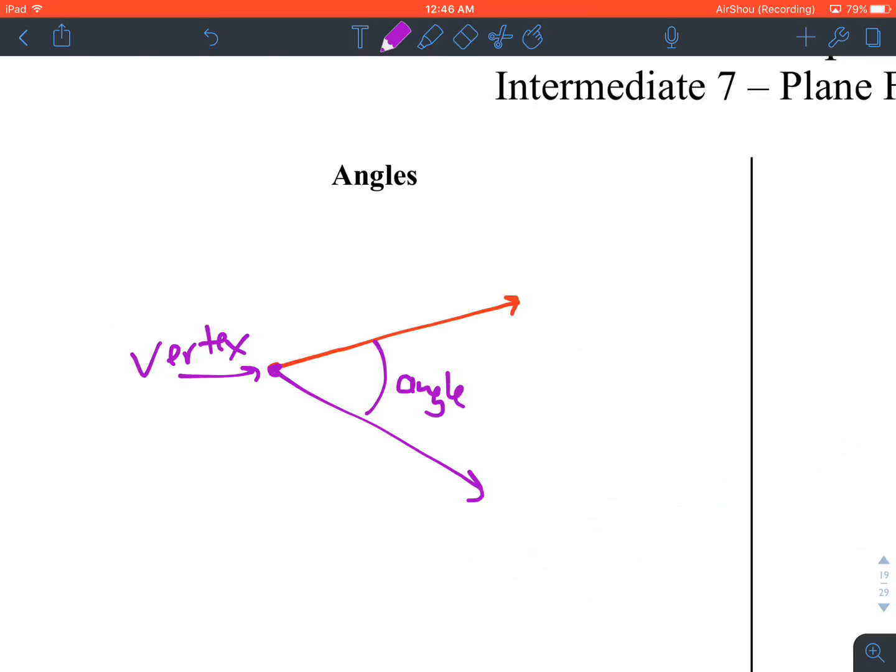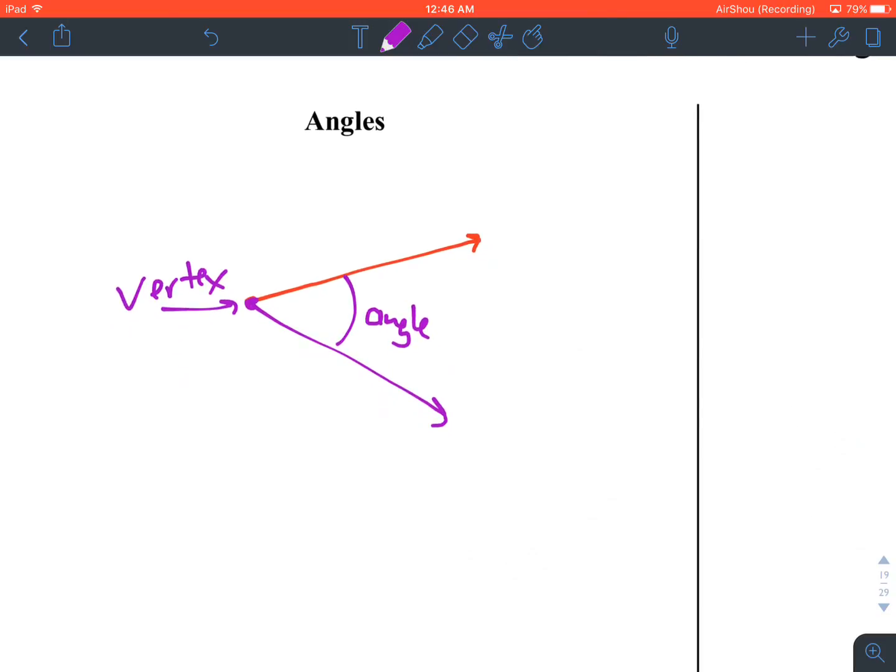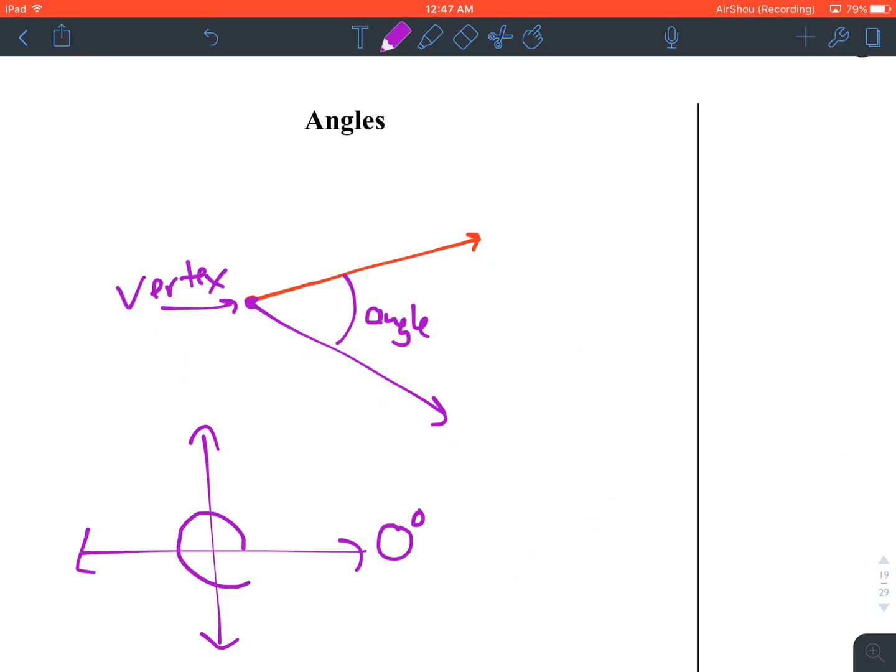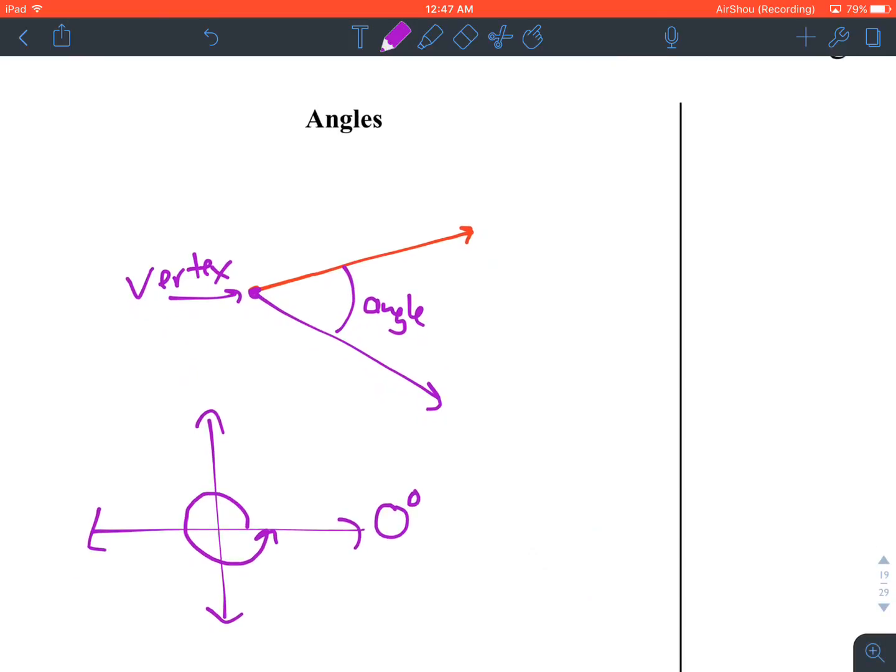Angles are measured in degrees, and they're also measured in radians. We won't get into radians at this point. Typically in a coordinate plane, x, y coordinate plane, the positive x-axis we call 0 degrees, and we rotate counterclockwise around this, and those are positive angles.